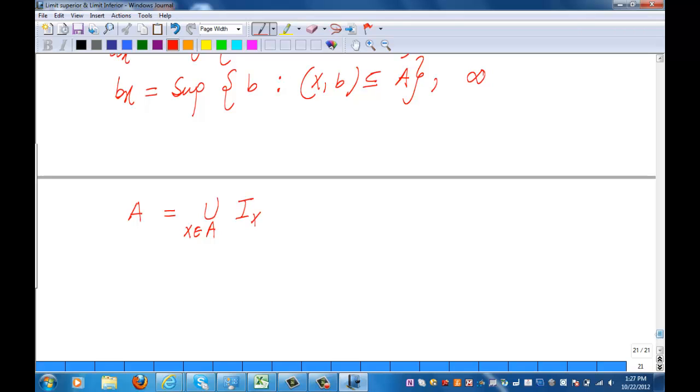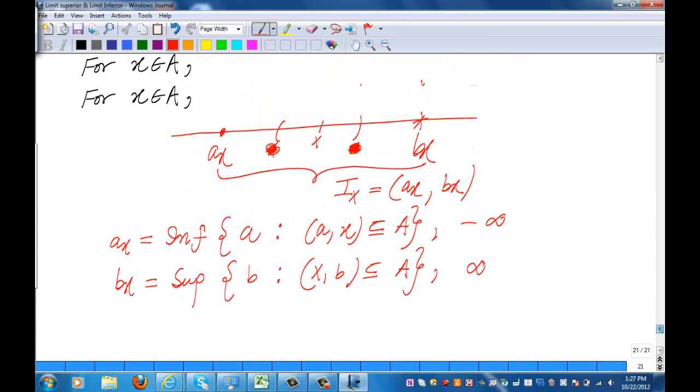I'm taking the union of all these intervals, and it has to be the same as A. Every x in A is inside of some Ix, so the union of the Ix covers everything in A. So A is the union of Ix.